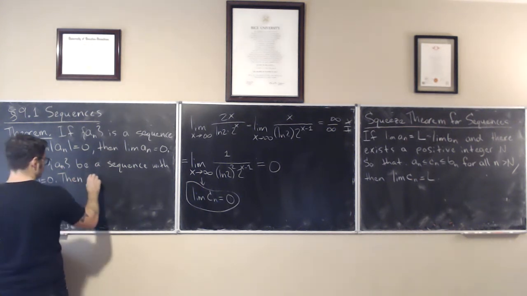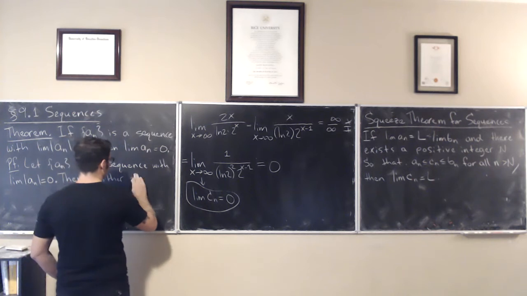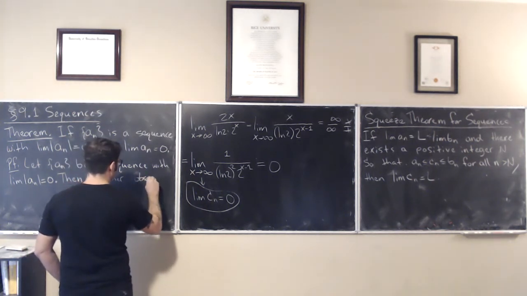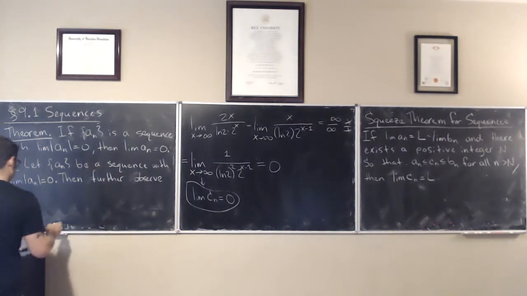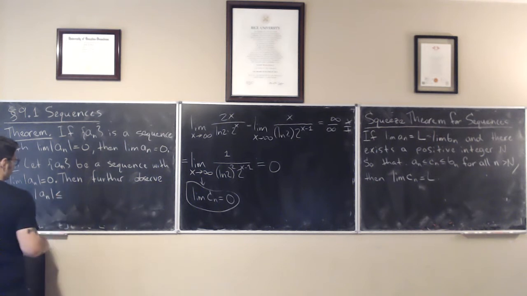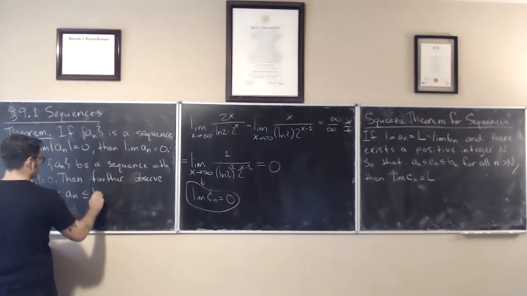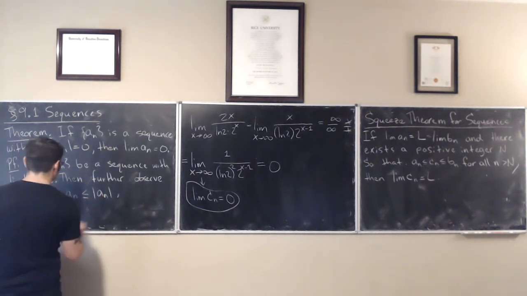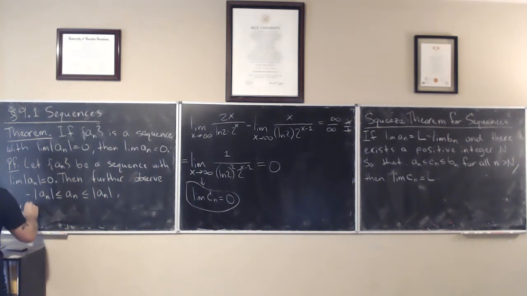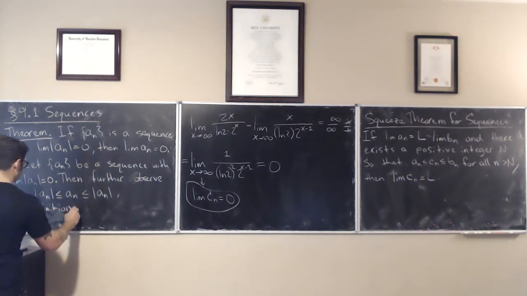Then maybe further observe that by definition, minus the absolute value of a sub n is less than or equal to a sub n, which is less than or equal to the absolute value of a sub n. By definition, right?